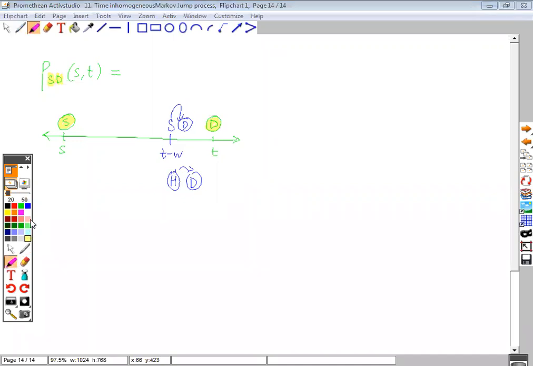These are just the two possible values of L that we can have. Does this make sense? So these will be the two possible sample paths by which you expect to be dead.